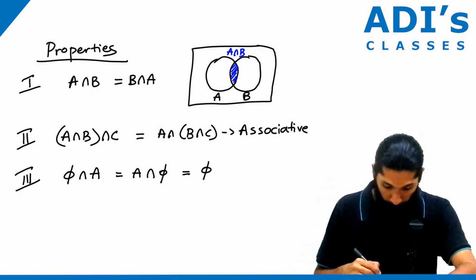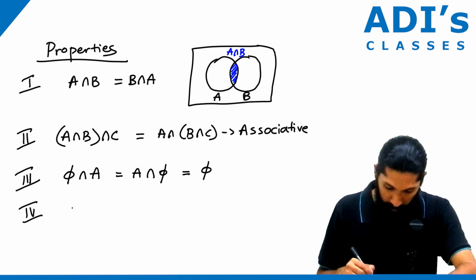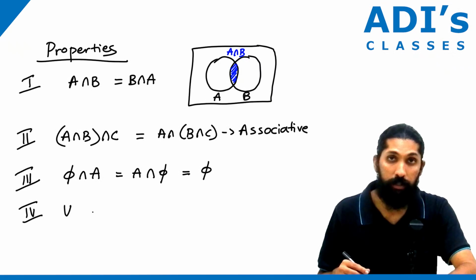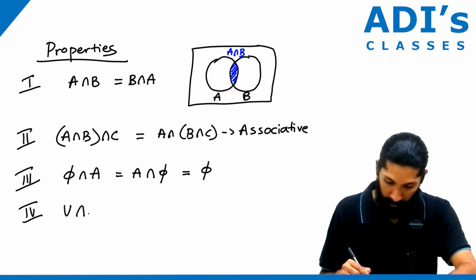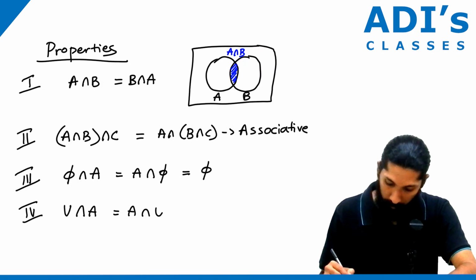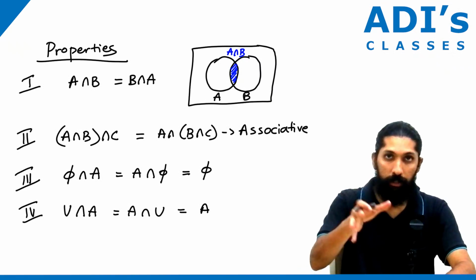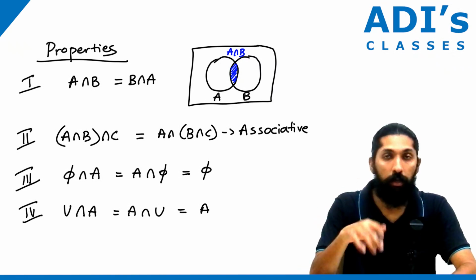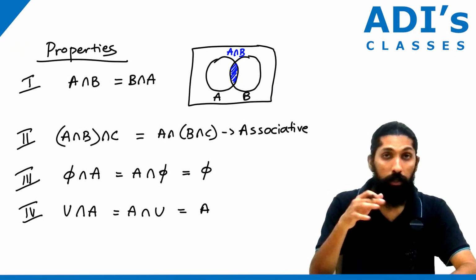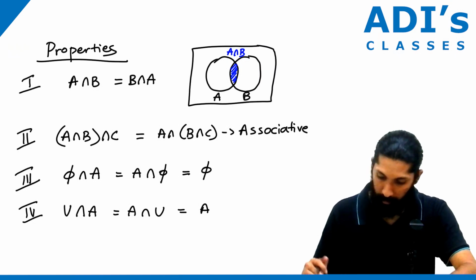The fourth property: suppose you have universal set intersection A or A intersection universal set, this gives you A itself, because the universal set contains A. So when you do the intersection of the universal set and A, you're going to get A itself. Let's do it over a Venn diagram. Very easy to understand.